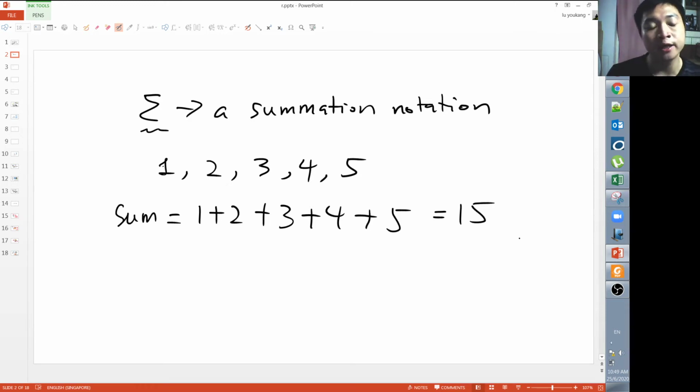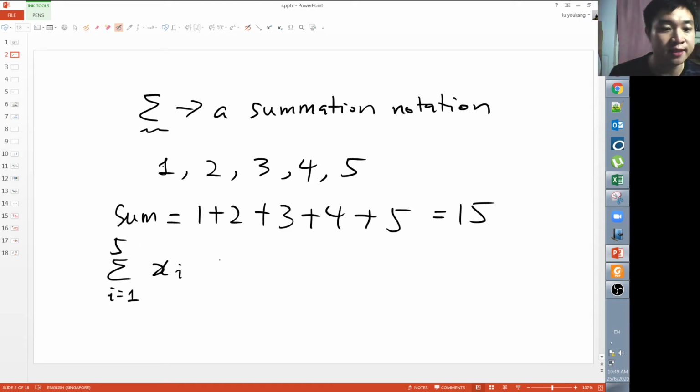Another way to represent them is to use a summation sign, use your xi, and tell people your i starts from 1 and ends at 5.